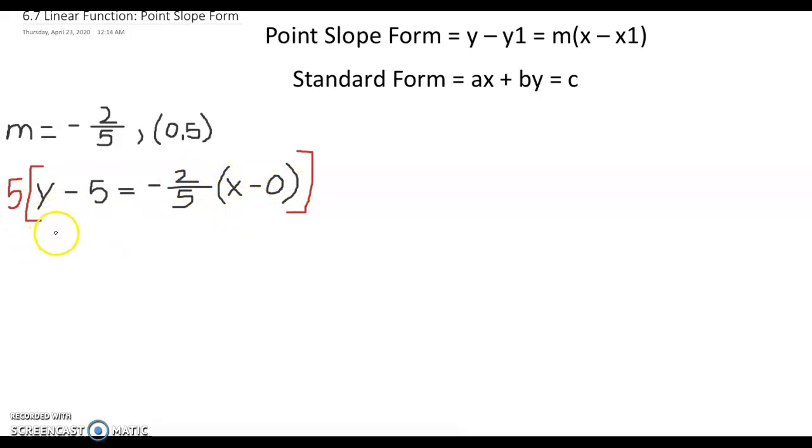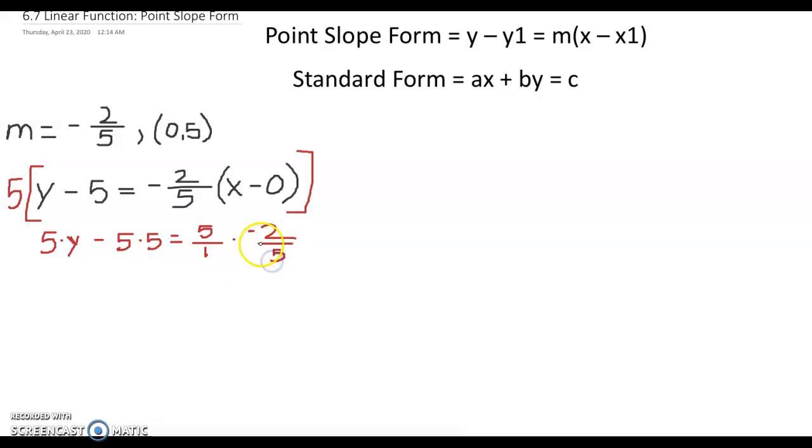If we were to write it the long way, 5 times y minus 5 times 5 equals 5 over 1, because remember all numbers are over 1, times negative 2 over 5.